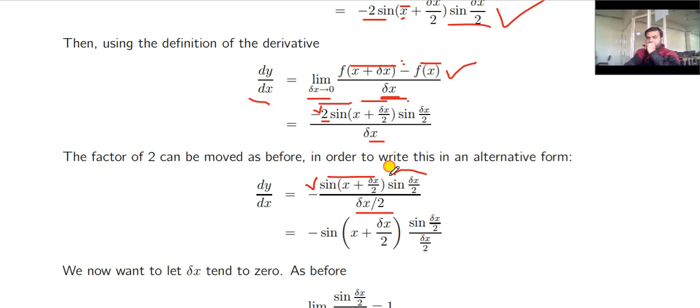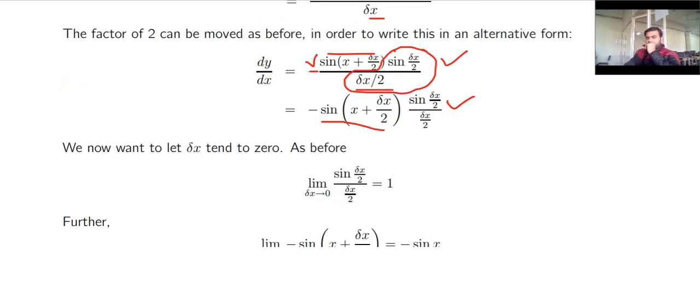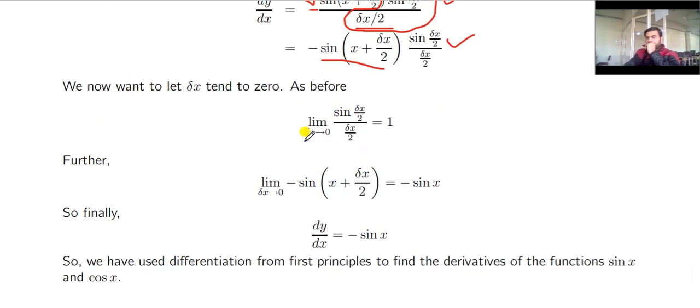So this is again sine theta upon theta as we have done in our previous question. So we write this minus sine x plus del x by 2 and this sine del x by 2 upon del x by 2, and we know that when the limit del x tends to 0, sine del x by 2 upon del x by 2 is 1.